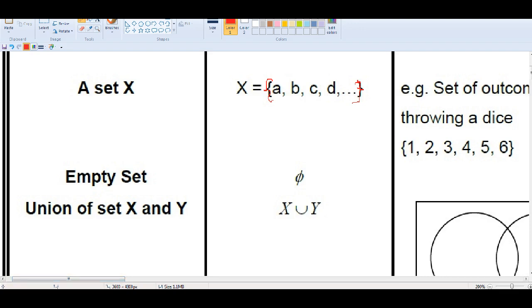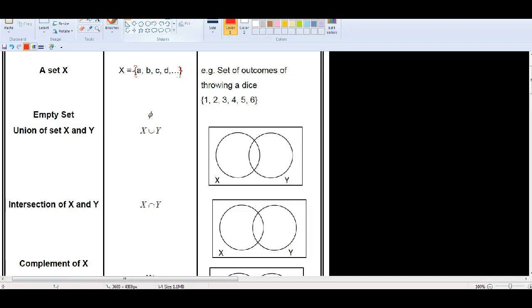And the next thing is what we call union. If we have two sets, set X and set Y, and you take a union of the two sets, that U-looking symbol means union. If we call it union, then you join all the elements in the two sets together. To highlight what we mean by union of two sets, suppose you see a rectangle.